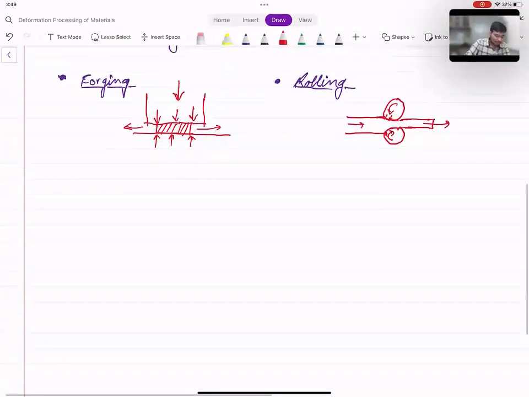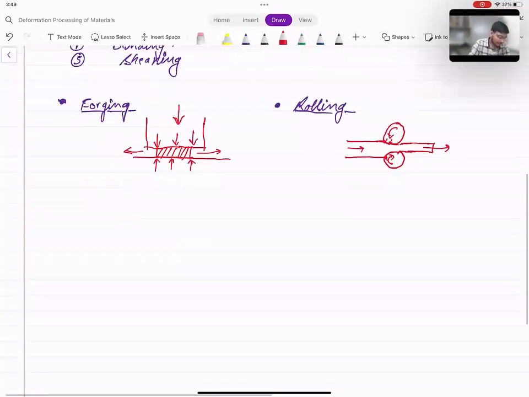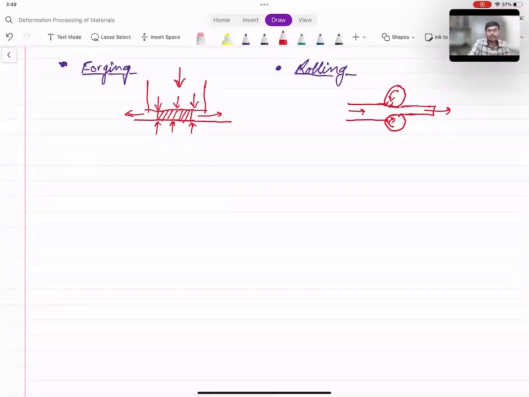And next one is, let us see what it was, indirect compression type. So in the indirect compression type process, the compressive stresses are not directly applied onto the workpiece. Actually, some sort of tensile stresses are applied, due to which the resultant or lateral forces which are developed are of compressive nature and are very high in magnitude.